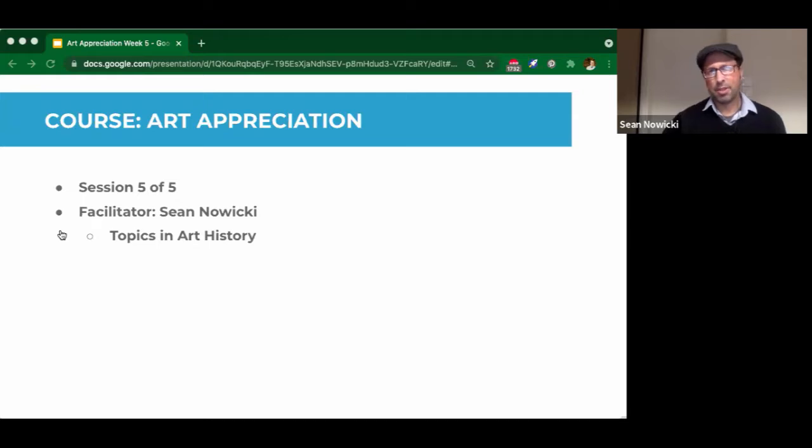And so, looking at symbols in artworks, or figuring out in what place in the historical record an artwork comes from, and how the artwork reflects that, and then maybe how the art changed the historical period as well.